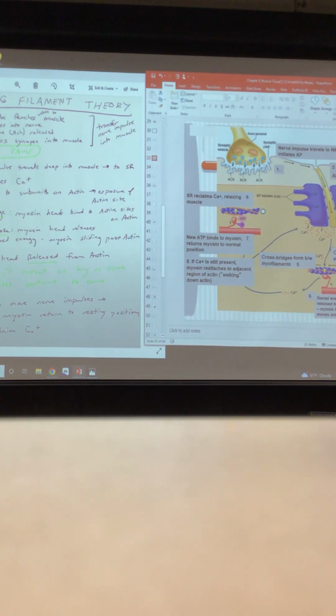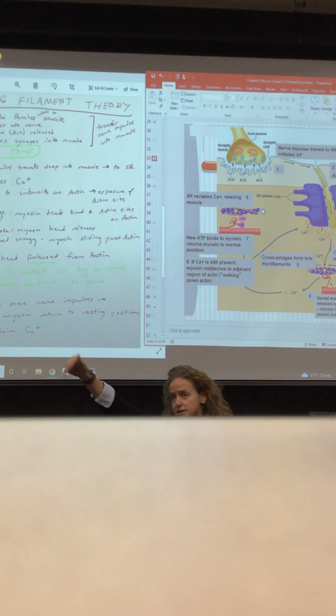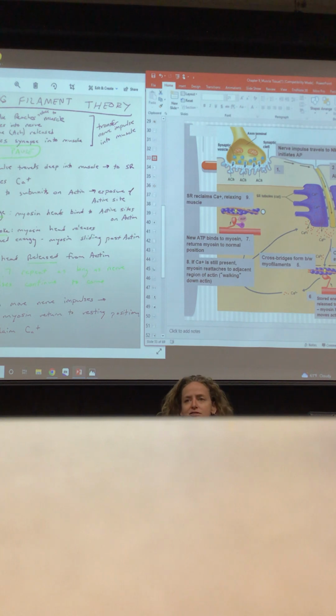More specifically, it travels to the sarcoplasmic reticulum, that sleeve that covered the myofibril.